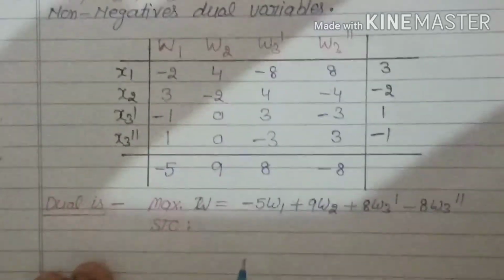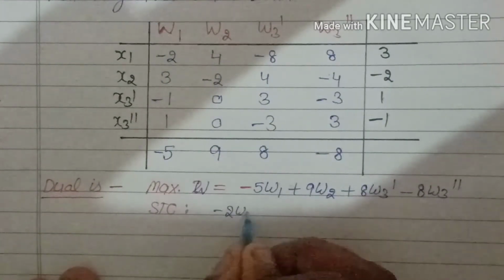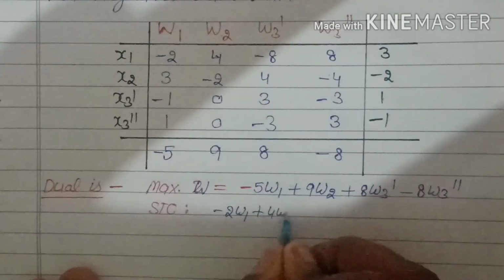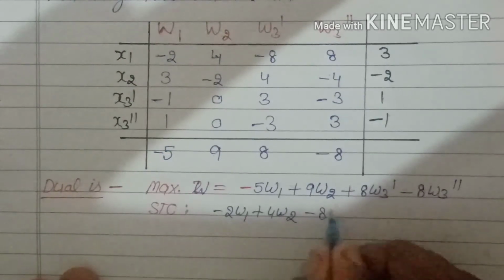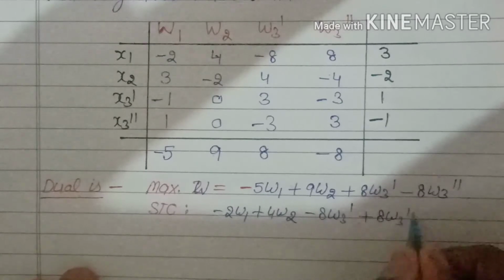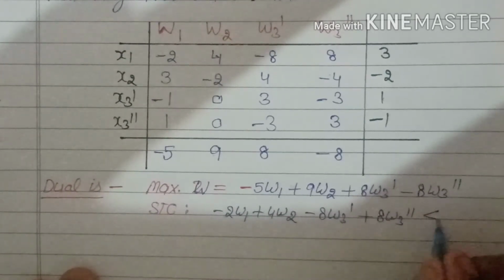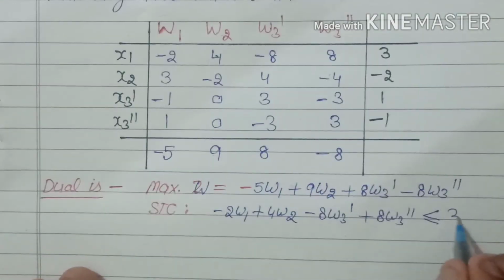Now we can write the constraint equation. So multiply this minus 2 with w1, this 4 with w2, this minus 8 with w3 dash, and this 8 with w3 double dash, and as the objective function is of maximization type, the constraint symbol will be of less than or equal to type, and this is equal to 3.